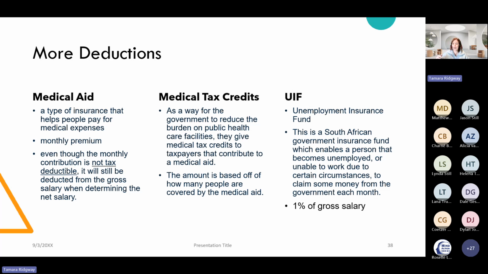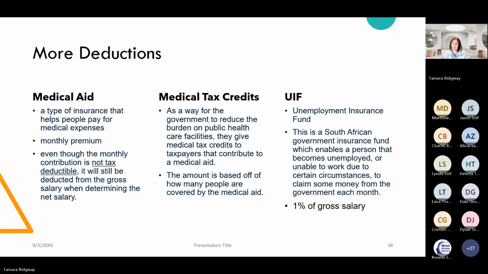So if your employer is paying it for you, it will come off your gross salary. So really, I want to say, don't shoot me down for this, your medical aid payment doesn't have anything to do with your tax. It just decreases the money in your bank account.